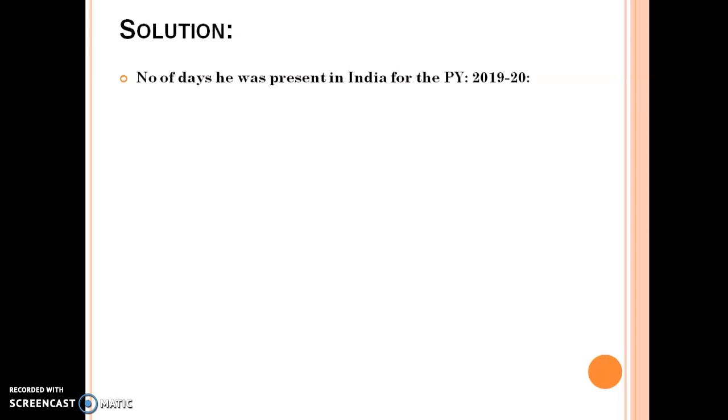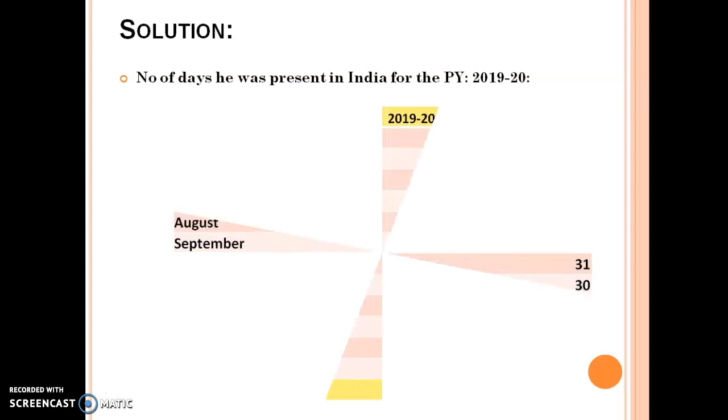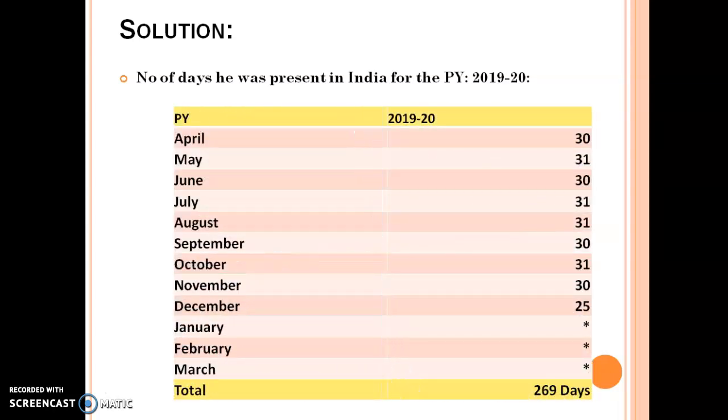As we know, to determine a person's residential status, we have to calculate how many days he was present in the previous year. The previous year starts from April and ends on March.